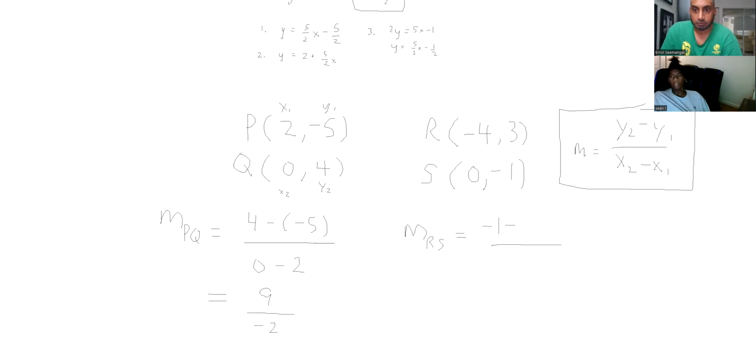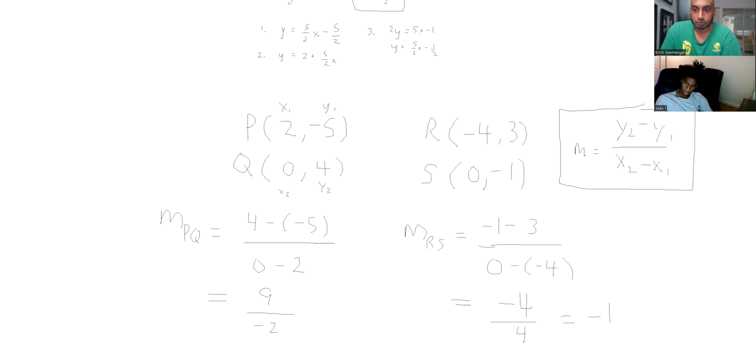So this is -1 minus 3 on the top, and then 0 minus 4 on the bottom. Now just simplify that. The top would be -4, the bottom would be +4. That would be -1.